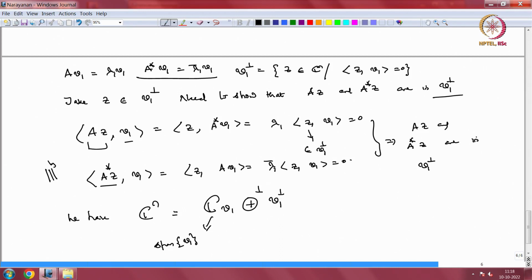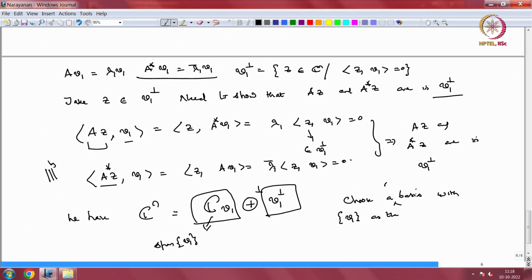Okay. And this portion is invariant under A and A star, and this portion is also invariant under A and A star, right. So, if I choose V 1 as my first basis element, choose an orthonormal basis with V 1 as the first element.